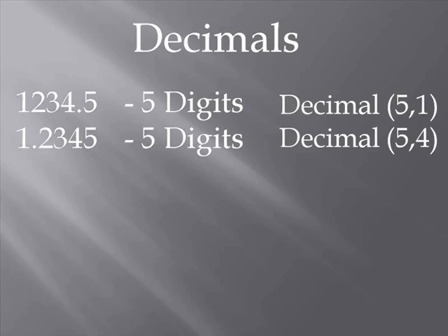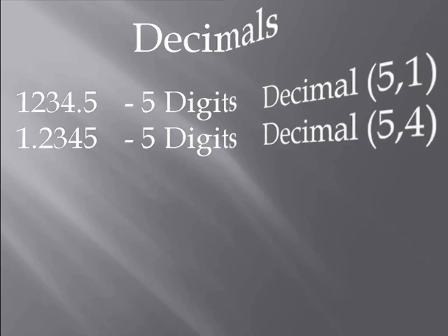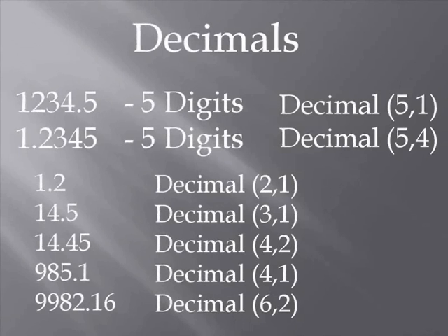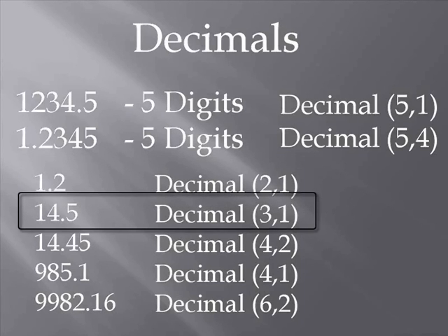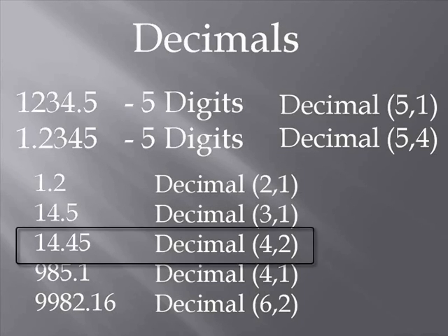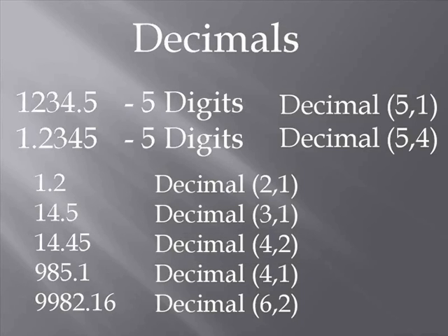How about another example? We could have more or fewer digits both before and after the decimal point. Here are some examples. The first one is a decimal 2-1. 2 total digits, 1 after the decimal point. 14.5 is a decimal 3-1. 14.45 is a decimal 4-2. 985.1 is a decimal 4-1.